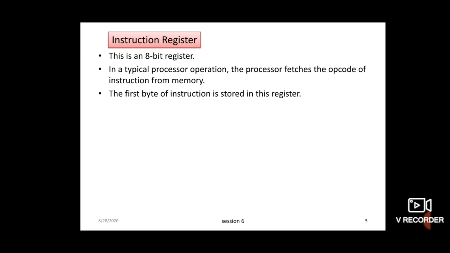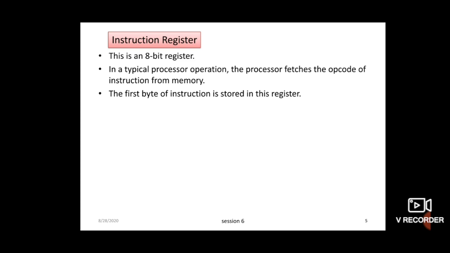The instruction register fetches the opcode. What is meant by fetch? Fetch means the content of the PC, the program counter, is placed on the address bus and the instruction code, the opcode, is obtained from the addressed memory location. This is called fetching.